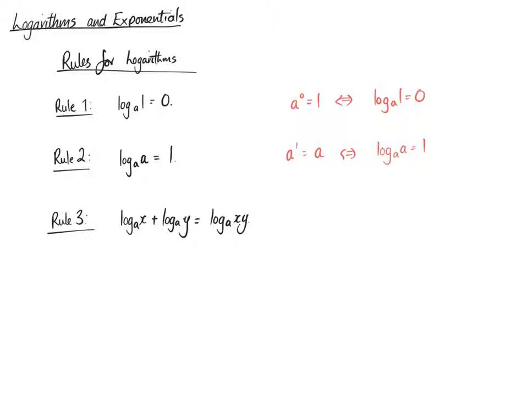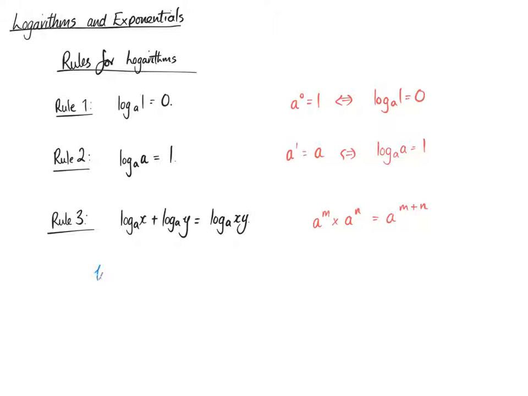This one, again, they all come from our rules for exponentials. And the one that this is linked to is a to the m times a to the n is equal to a to the m plus n. It's not as easy to see the link between these two, but it is there, I promise you. Okay? But the examples of this are quite simple.